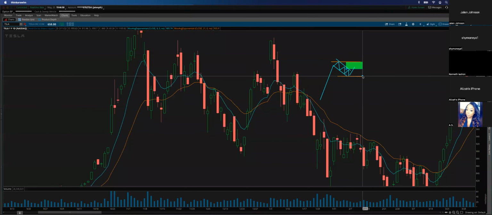You're risking $1 to make what? $1, right? So do you think it makes sense to take that trade? Why would I risk $100 to make $100? Because I could potentially lose $100. To me, that's not worth it. That's not worth the trade.